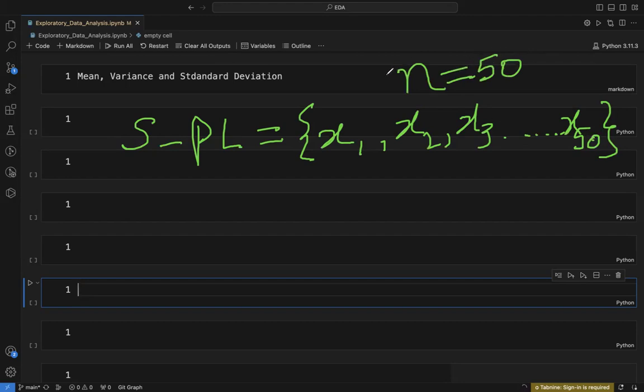So what is the mean of all of them? Mean is often written with a Greek alphabet, which is called mu. It is represented like this, mu.